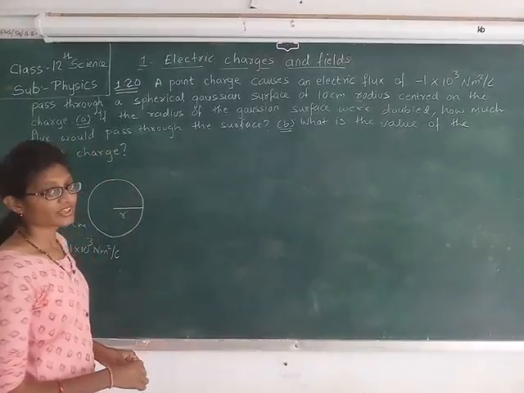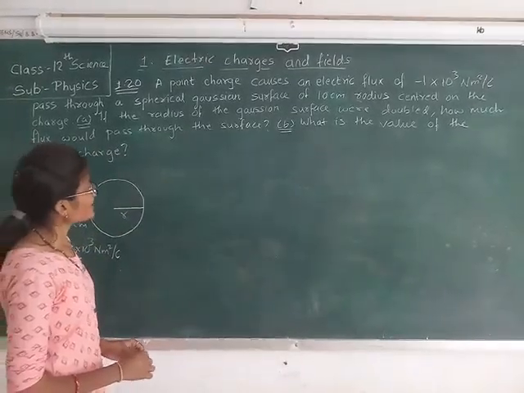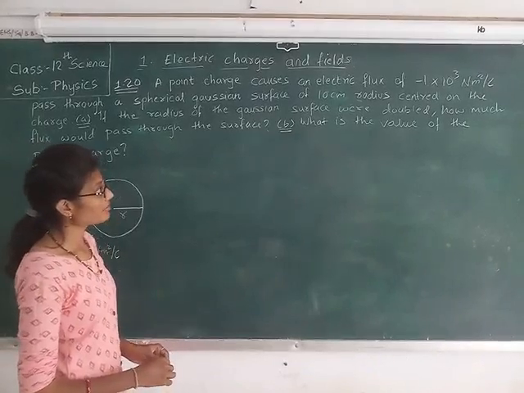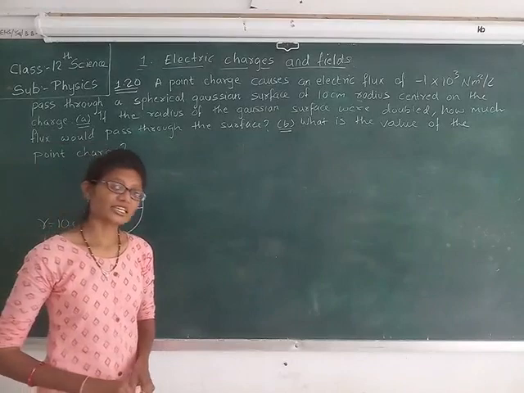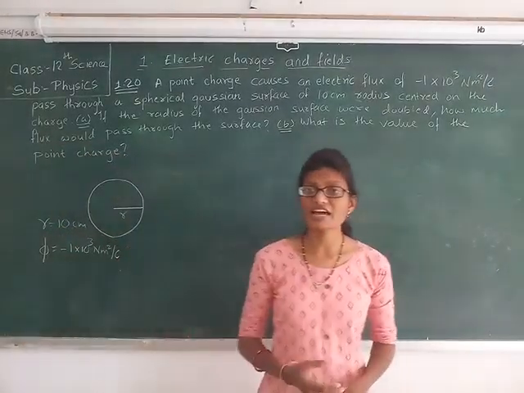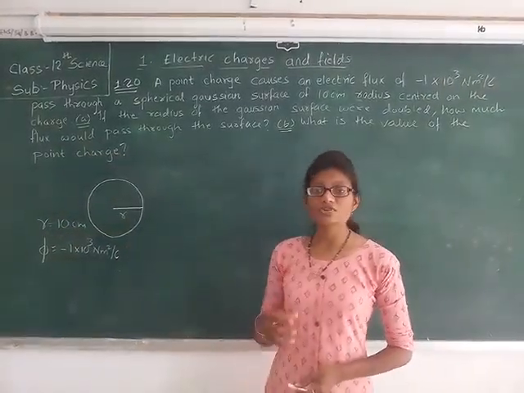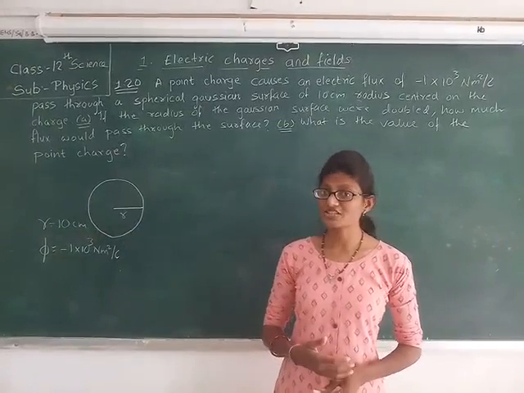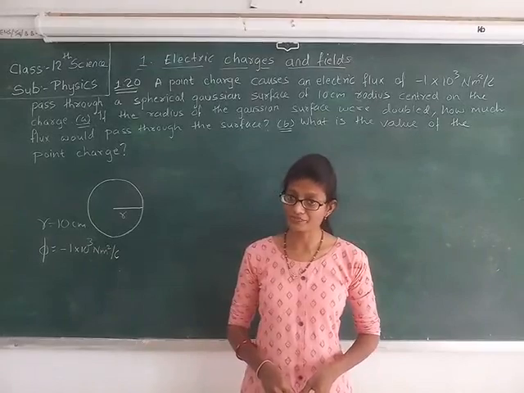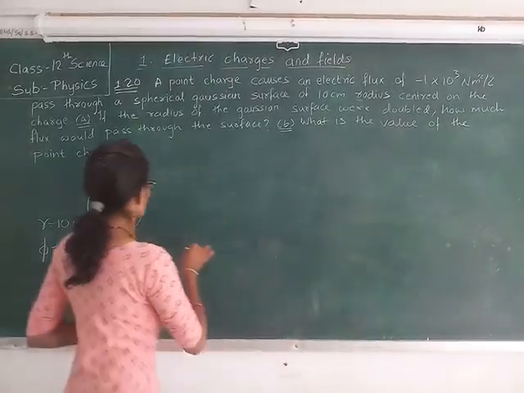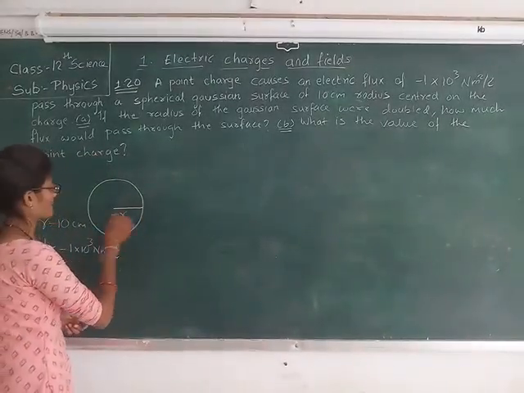Now first we need to find: if the radius of the Gaussian surface were doubled, how much flux would pass through the surface? Here we are given the condition. We already have the spherical surface, and the flux passing through it is -1 into 10 raised to 3 Newton meter square per coulomb. Now the condition is that the radius is doubled.